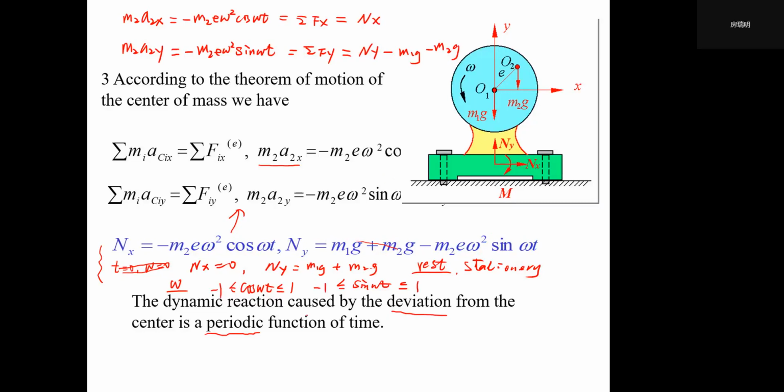So this is very important for the foundation. If you do not check it over a period of time, maybe this boat will be wrecked and something bad will happen, right? So that's how we use the theorem of motion of the center of mass to find nx and ny.